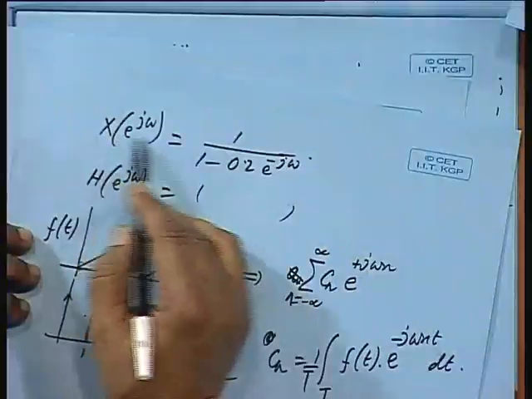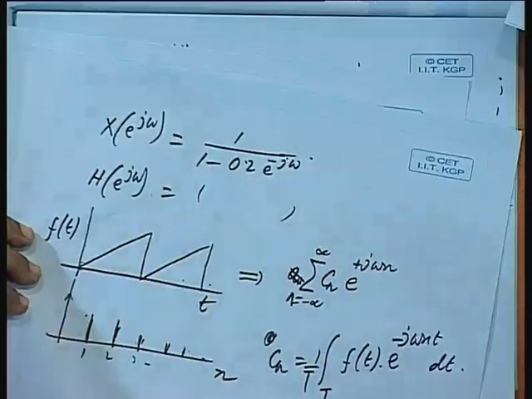So, once you have got x and h, and if they are convolved in the time domain, in the frequency domain you have to just take their products to calculate the output and then take the inverse of that product, and for taking the inverse we will resort to this expression.